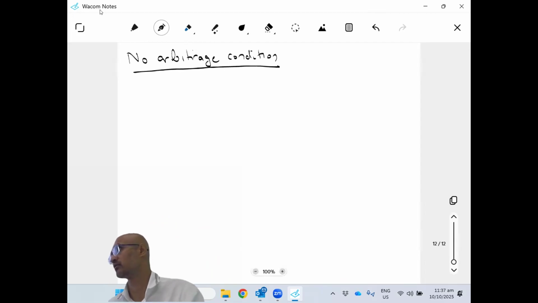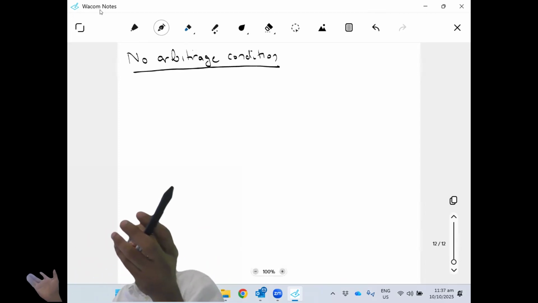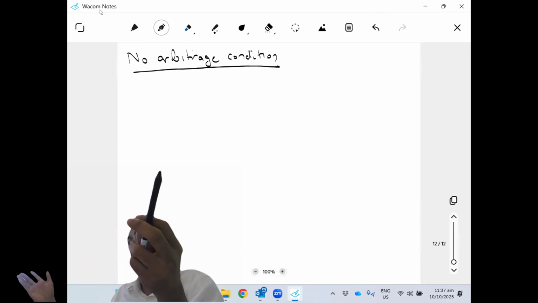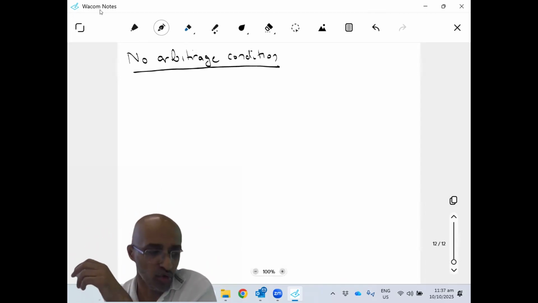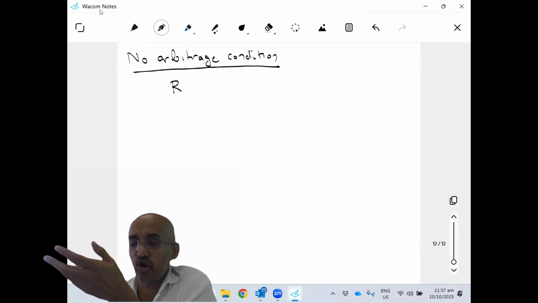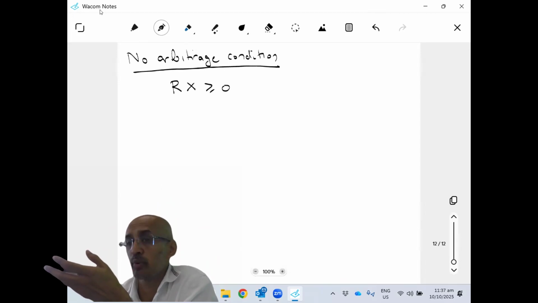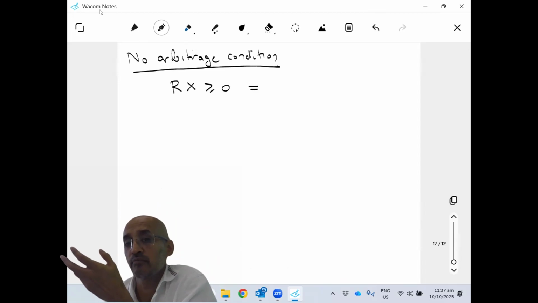Or the prices should be such that people cannot make money for free. If I'm going to tell you 100%, I'm going to give you, no, you have to pay. And how do you say that? Essentially, it says that if your payoffs are going to be non-negative for every state of nature, then you have to pay a price for this.